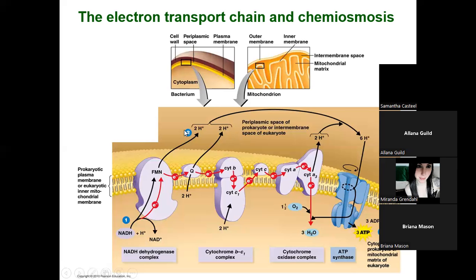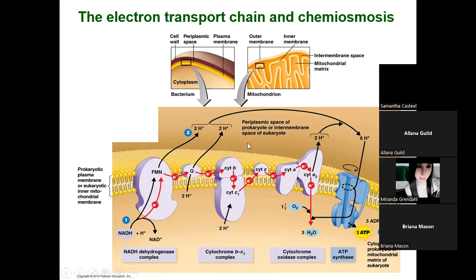We have more hydrogen ions on this side than that side, and we have more positive charge on this side than this side. So these hydrogen ions are, by the law of diffusion, going to want to come to this side of the membrane. And the cell uses this potential energy difference to make ATP.